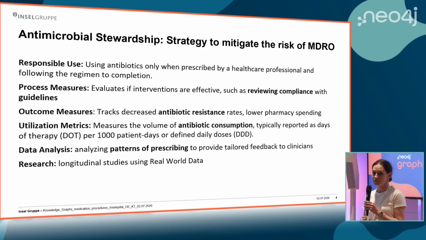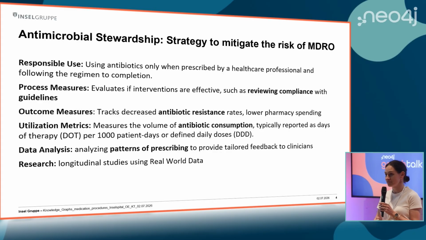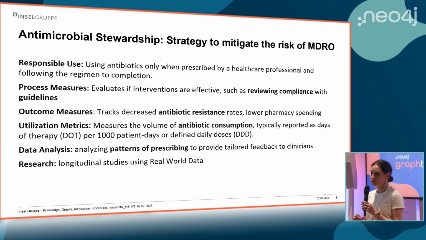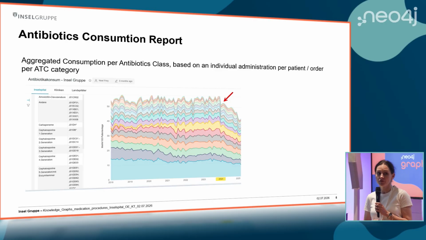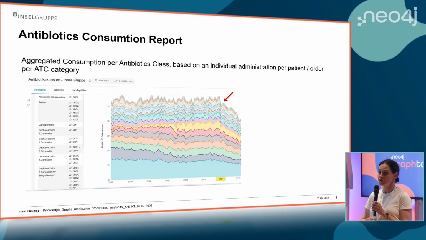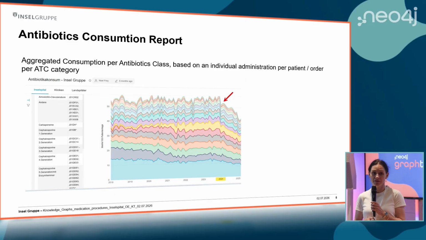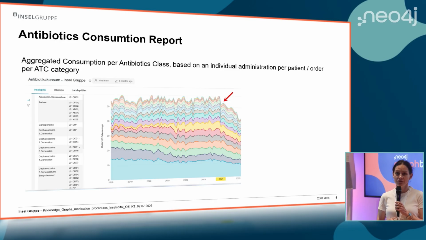All this is, of course, only valid if we have good data. What we built a couple of years ago is an antibiotic consumption report. It's built for all administered medication in our hospital, really on the atomic level.